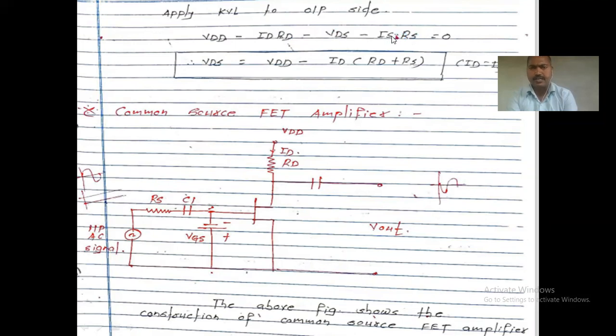Why ID? Because IS is nothing but ID, so we take ID as common.